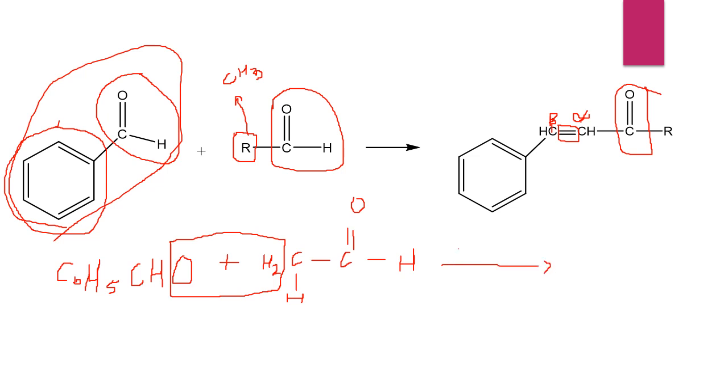In this way, water is removed, and the product is formed: basically C6H5 CH, and there is a double bond between this aromatic CH and aliphatic CH.